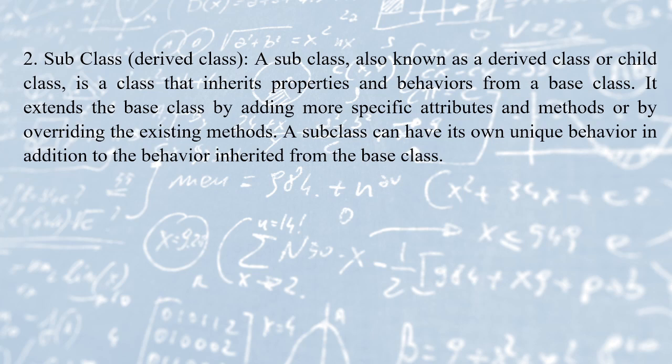Now it can extend and specialize the functionality of the base class. So whatever the functions are, it can extend that. A subclass can have additional attributes and methods beyond those inherited from the base class. So it can have more methods.